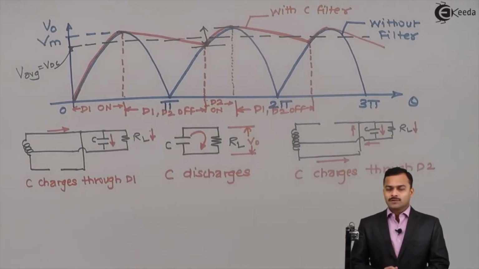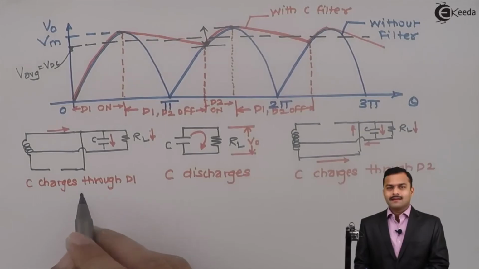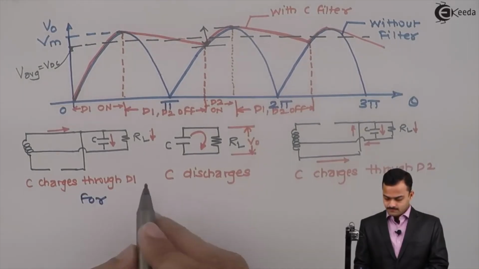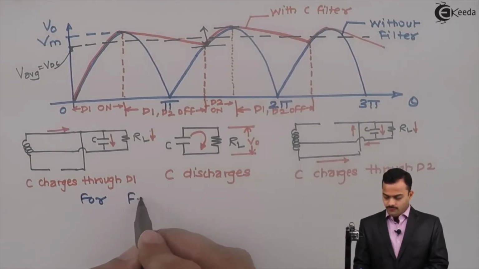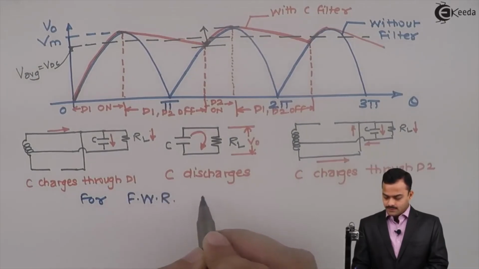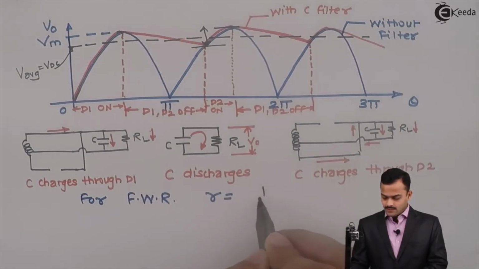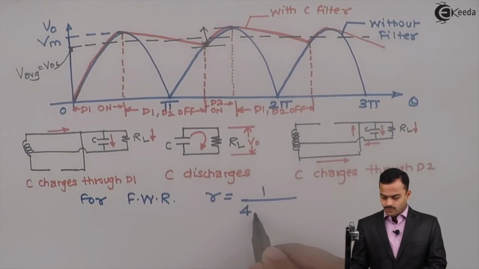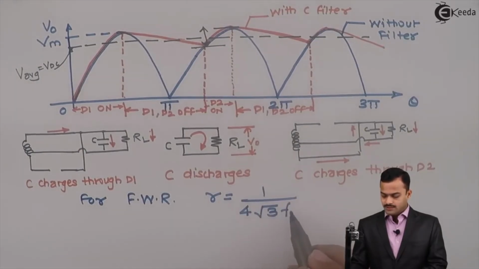Now we need to calculate what is the ripple content in a rectifier output voltage. So that relationship is like this. For full wave rectifier, the ripple content is 1 upon 4 multiplied by root 3 multiplied by frequency, C value and RL.